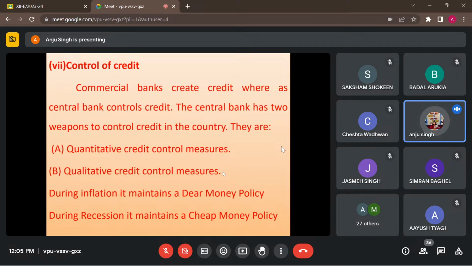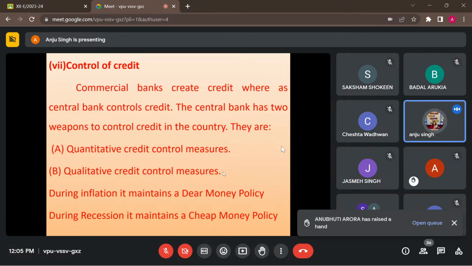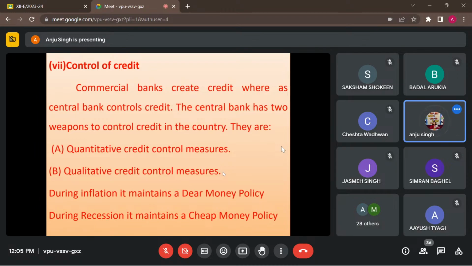It will issue directives to its commercial banks that you make the home loan interest low, and car loan and other luxury goods interest, consumer loans, higher, because there are different rates of interest available for home loans, consumer loans, car loans, etc. So if the government wants affordable housing to be encouraged, the home loan rate of interest will be reduced, and the luxury goods or consumer goods rate of interest will be either kept the same or increased.